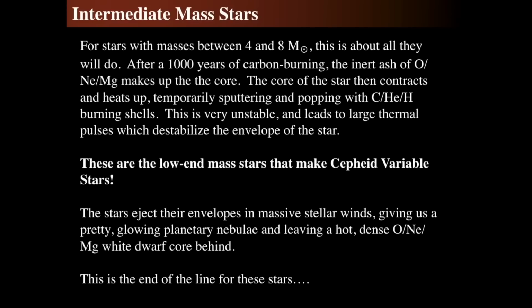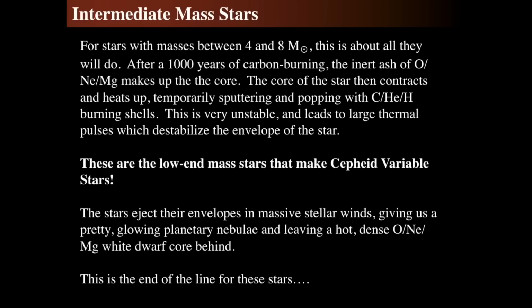So a carbon-oxygen-neon-magnesium core is about what stars between about 4 and 8 solar masses will ever do. That core of oxygen, neon, and magnesium contracts and contracts, and that contraction releases even more heat, and that creates shell burning around it, which is incredibly unstable, which pushes the star apart and makes it froth.